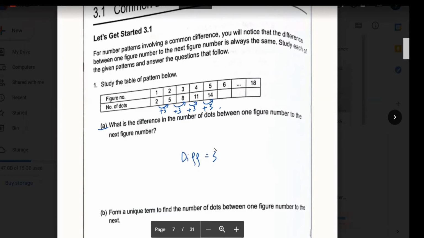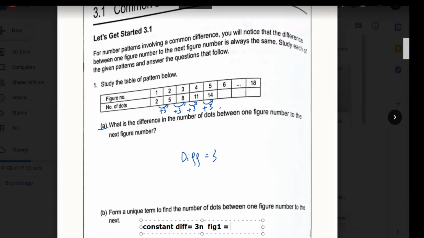How do I find the n term? For part B they're asking you to find a unique term, which means finding the n term. So how do I find the n term when I have a constant difference? When it's a constant difference like this, my n term will definitely use the constant change, which in this case is 3. So it's 3n. Let's say I have figure number 1.